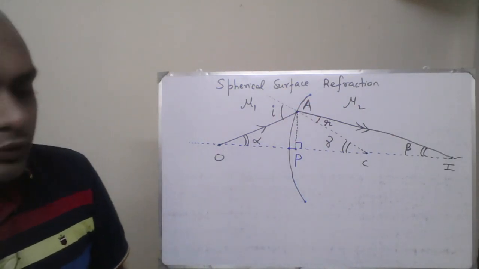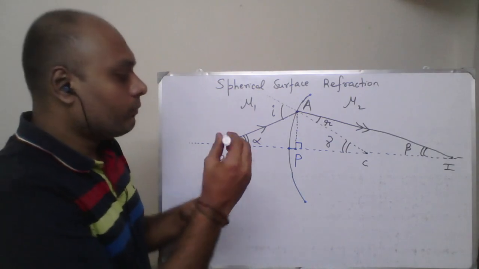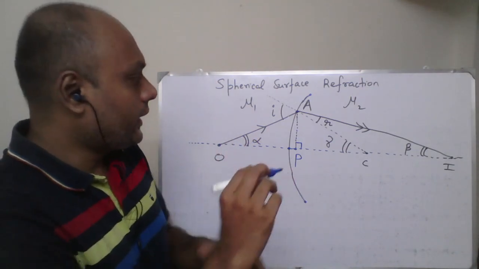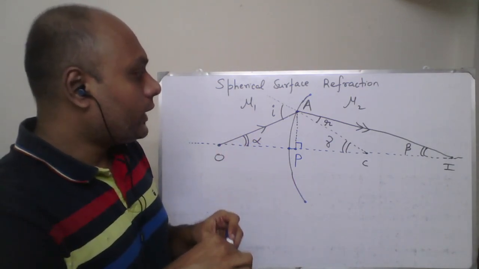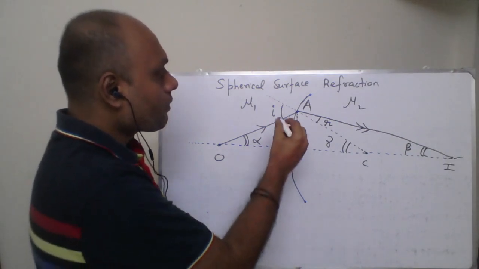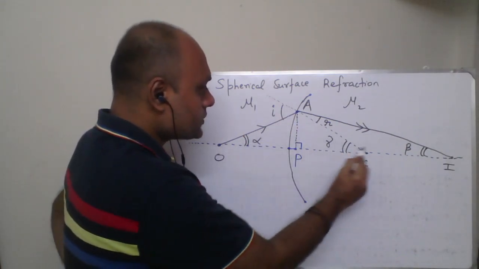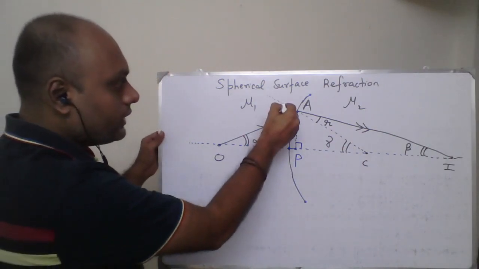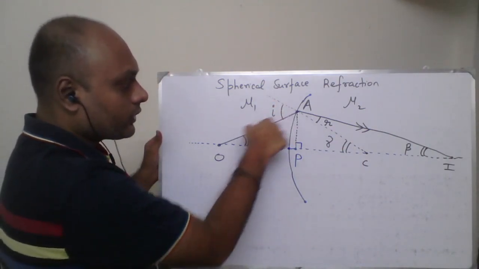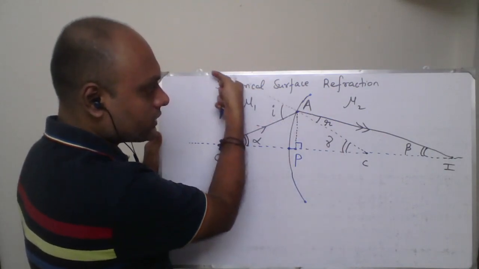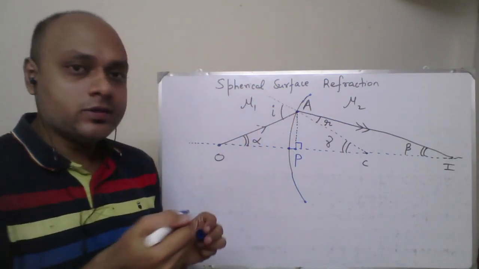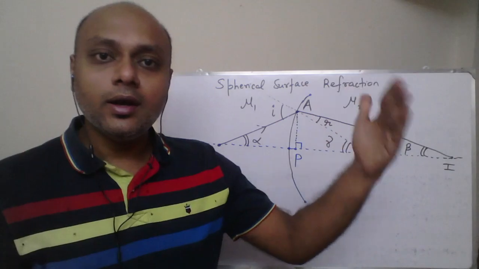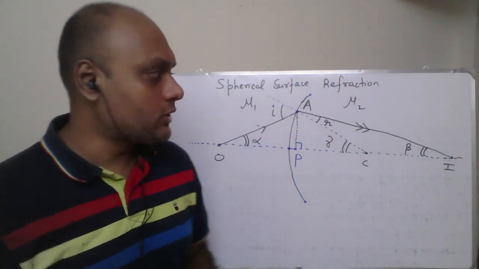Okay, so once you write that out, now let's look at certain triangles. Now look at triangle AOC. In that triangle AOC, I is the exterior angle. You just extend that exterior angle, and you know the exterior angle property, exterior angle will be equal to sum of interior opposite angles.